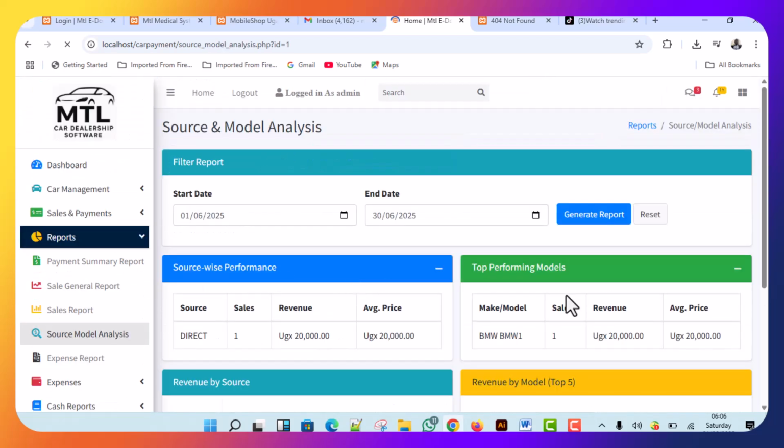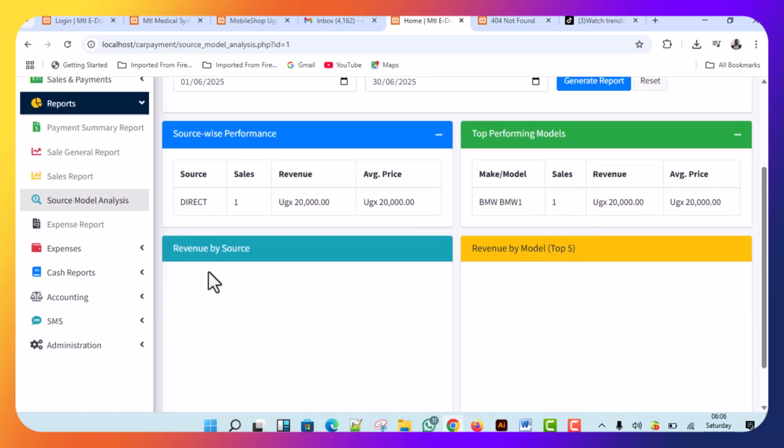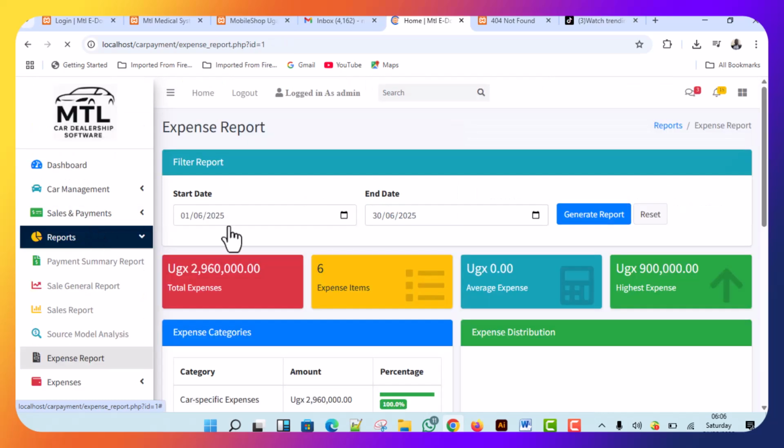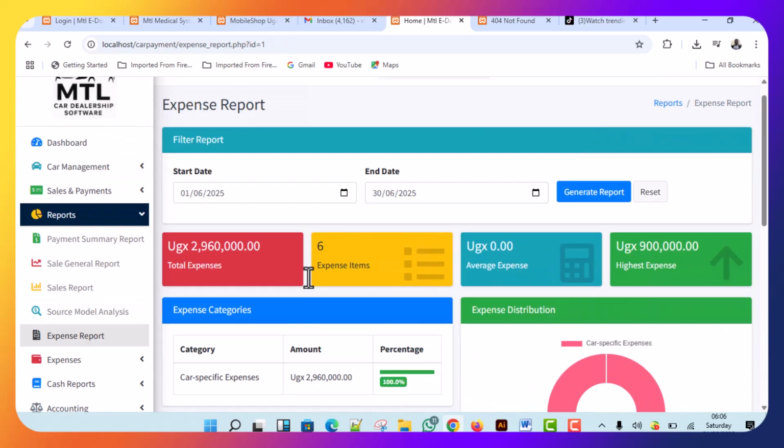Then source wise, if the car is bought by this. Then the expenses report. Those are reports.